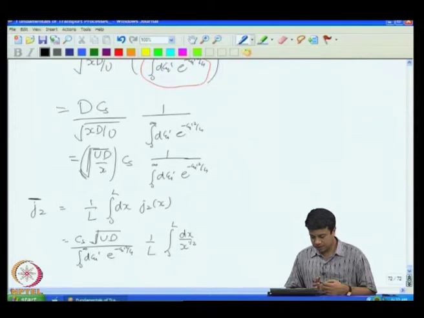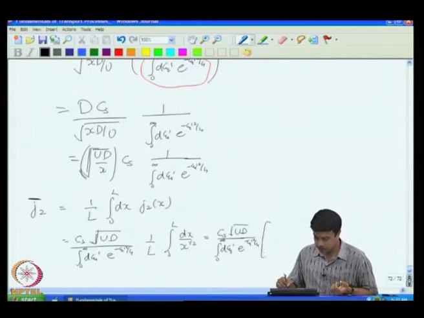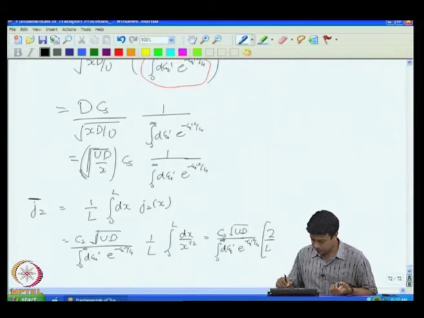And this integral is quite easy to do. This just becomes equal to Cs square root of u D by integral 0 to infinity d psi prime e power minus psi prime square by 4, into 2 by L power half.